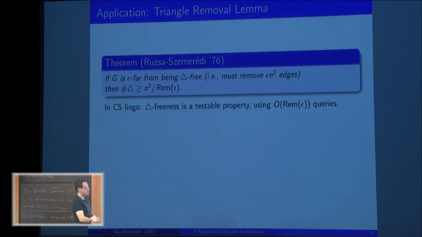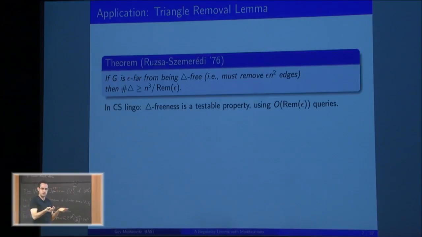In computer science lingo, this is basically a property testing statement. So the property here is the property of a graph being triangle-free. And what does it mean, testing it? What does it mean that it's testable with a constant number of queries? It means that if you want to decide whether the graph, so the setting is that you are given a graph, but not explicitly.